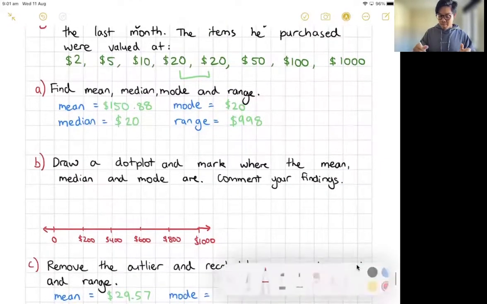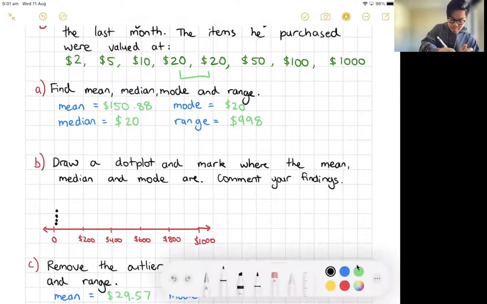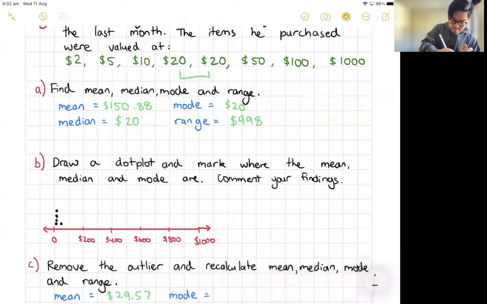Now, I'm going to put a dot wherever my scores line up. $2 would be really close to 0. 5 is pretty close to 0 as well. 10 is pretty close to 0. 20 is pretty close to 0. 50 is maybe a little bit further, so maybe closer to here. 100 would be around here.